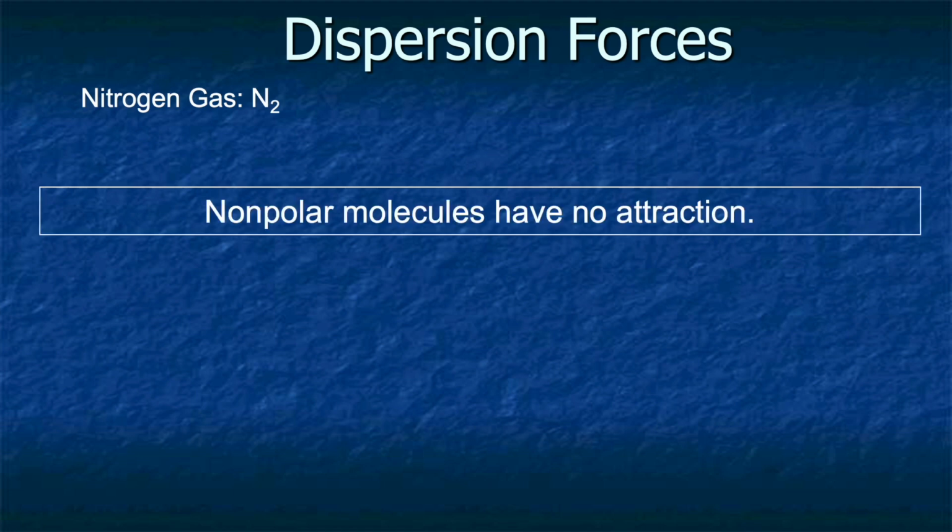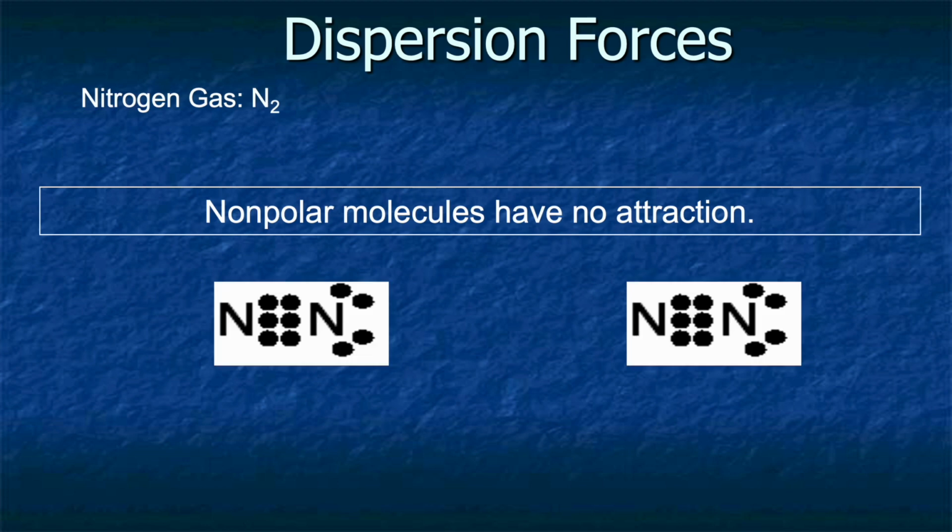Dispersion forces take place between nonpolar molecules. That's basically because nonpolar molecules, like nitrogen, don't have a positive or a negative end to them, because the electrons are shared equally between each element.